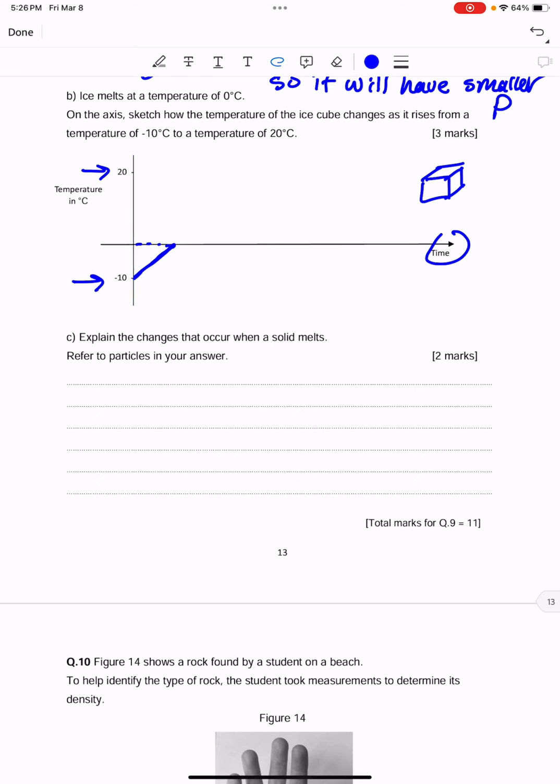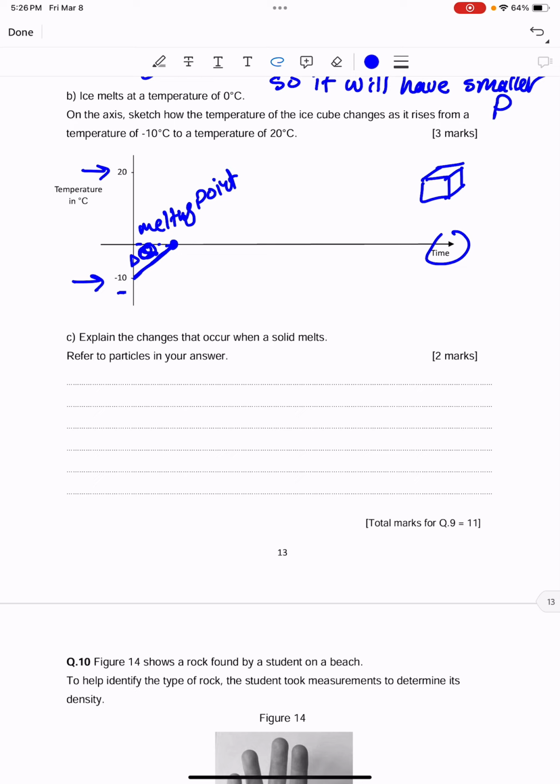Yeah, so getting back to here, at the beginning, from minus 10 to 0, to the melting point, what's going to happen here is that the temperature of the ice is going to be increasing, because the cube is gaining energy and the ice is storing the energy in its kinetic energy store, and its kinetic energy is directly related to temperature.